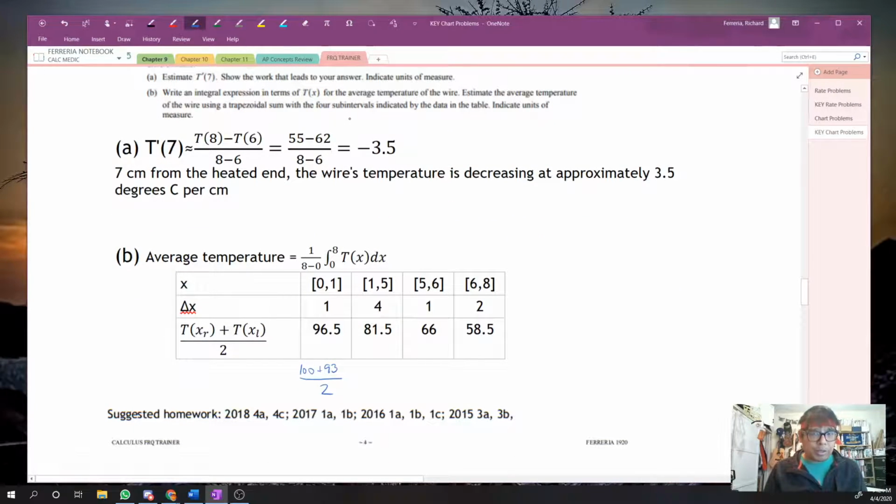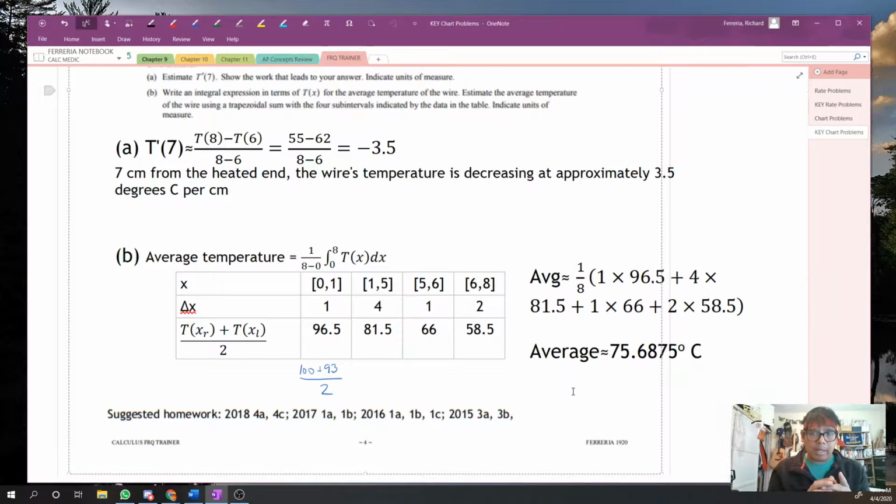I didn't think it was super necessary to show here, but you might want to show that in your work. The next thing for you to put in your work would be the sum. So let's get that sum together. And while we're at it, let's put that 1/8 into the equation so we can get the average temperature all rolled up into one equation.